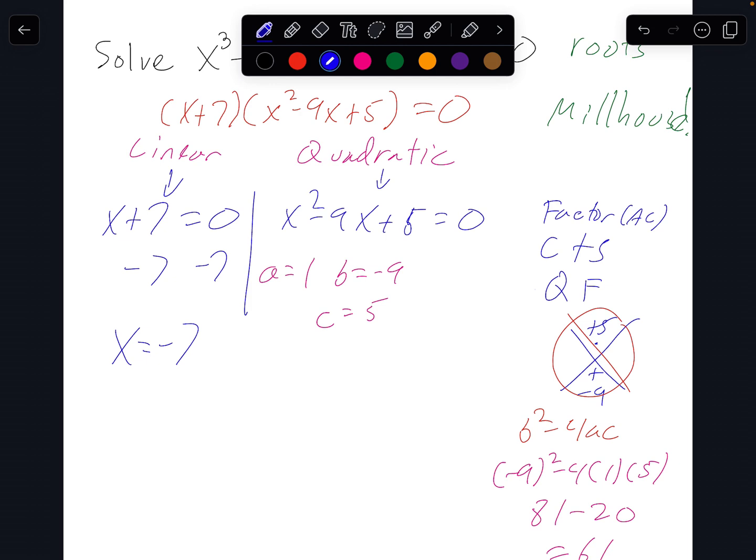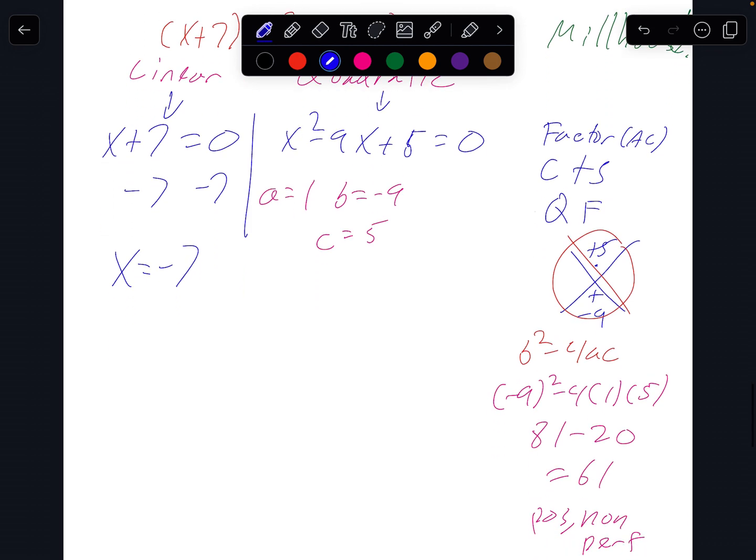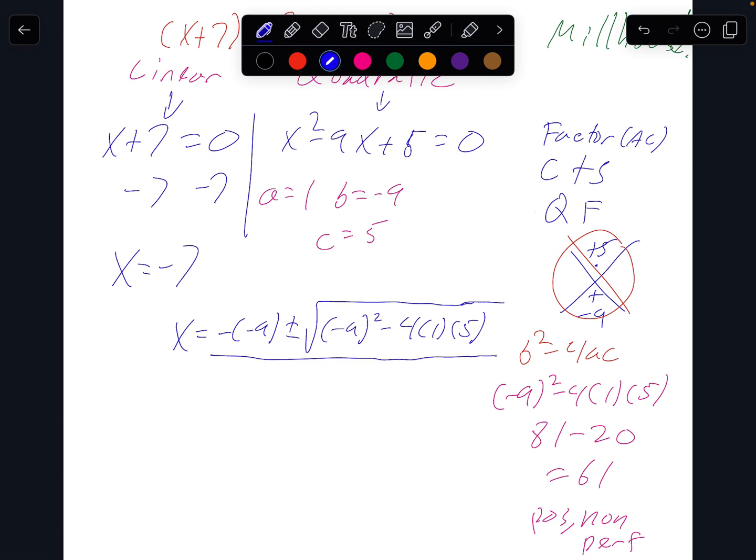So let's go ahead and jump into the quadratic formula, x equals negative b, which is a negative negative 9, plus or minus the square root of the discriminant, 9 squared minus 4 times 1 times 5, all of that over 2 times 1, which is 2a.